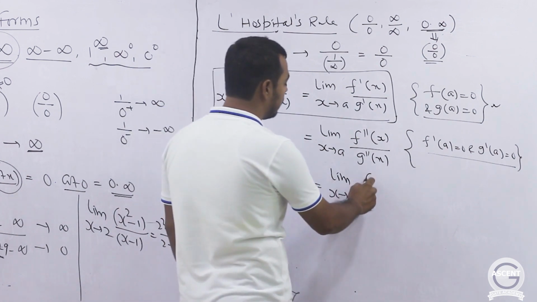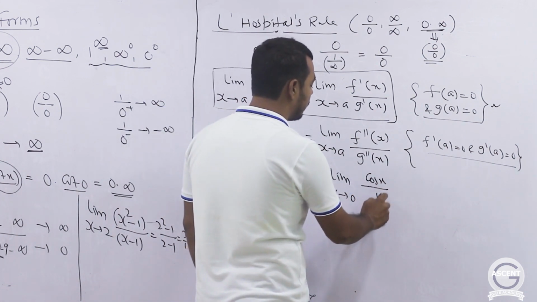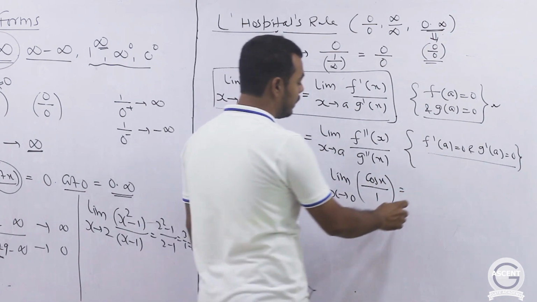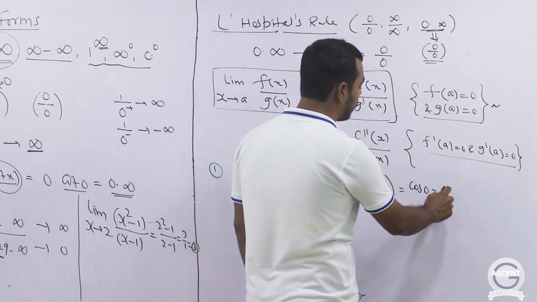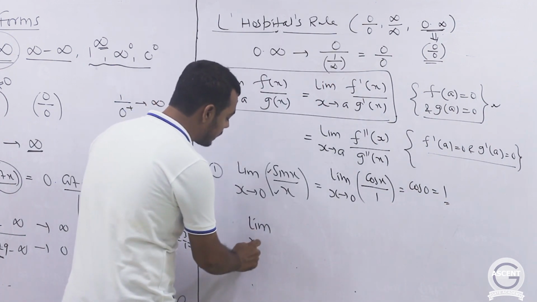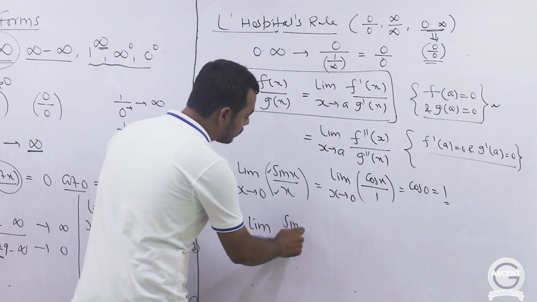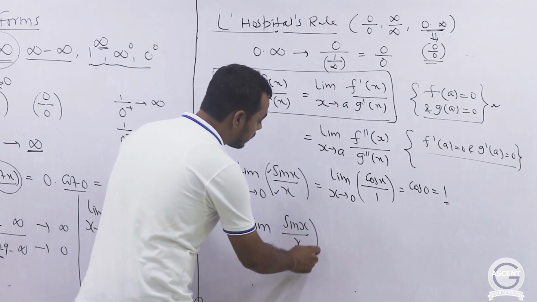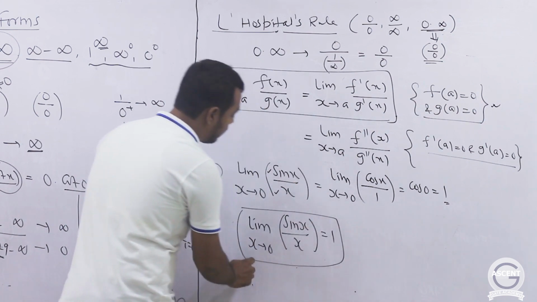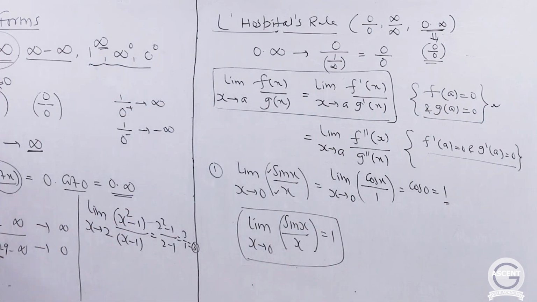The derivative of sin is cos, the derivative of x is 1. Now if I place x equals 0, then we are not getting any indeterminate form, cos 0 is 1. So this is a very important result, limit x tending to 0, sin x by x, this is always 1. So this is the first result.